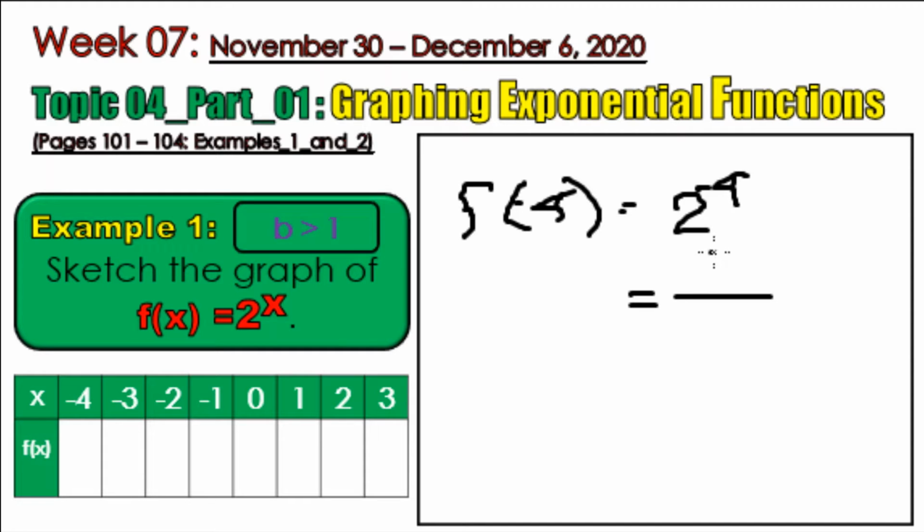For a negative exponent, 2 raised to -4 is 1 over 2 raised to 4, and 2 raised to 4 is 16. So if your x is -4, the value of f of x is 1 over 16.